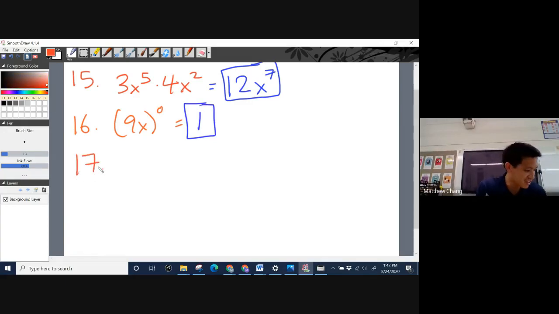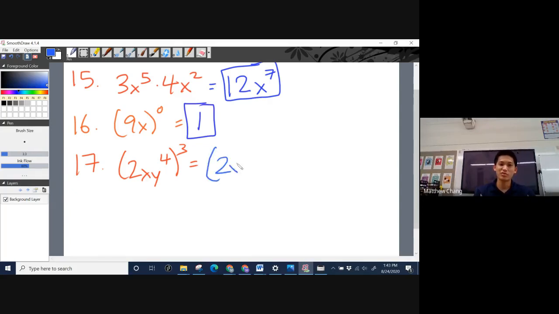Number 17. Okay, 2xy to the 4th, cubed. So this one, you could go ahead and write it out. You could write 2xy to the 4th times 2xy to the 4th times 2xy to the 4th.